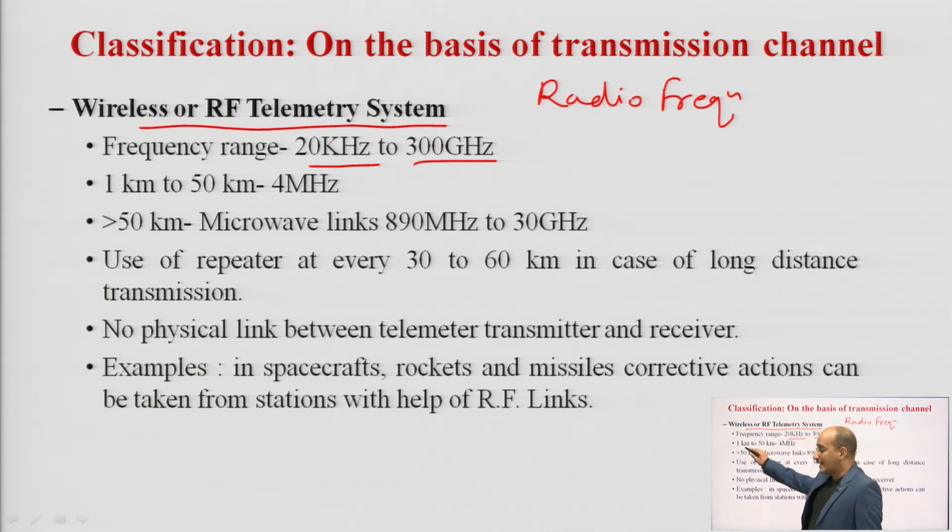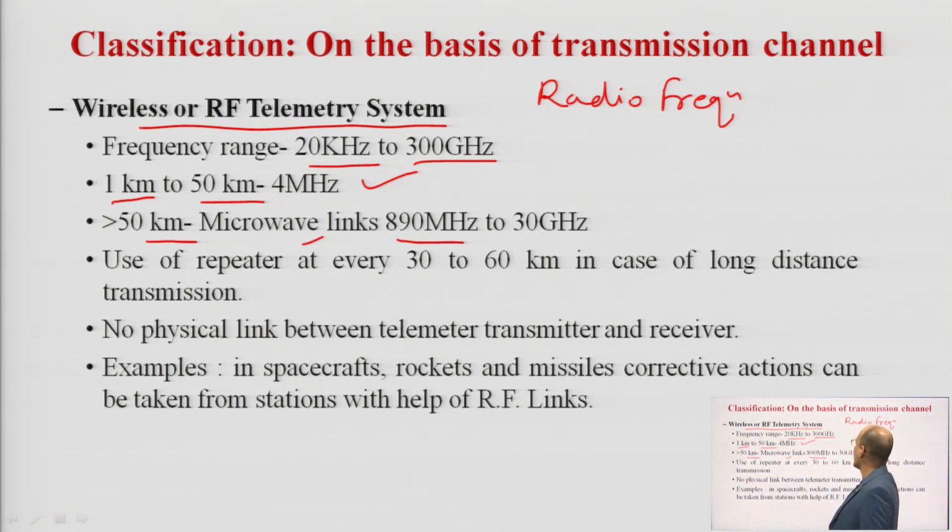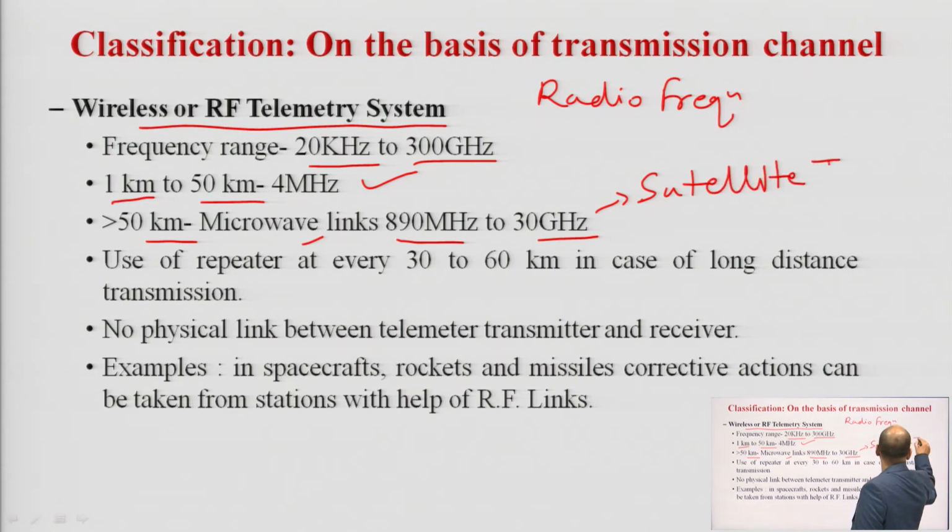Similarly, for the range of 1 kilometer to 50 kilometers, you use a frequency of 4 megahertz. If greater than 50 kilometers, you use a microwave link, between 890 megahertz to 30 gigahertz, that is related to the satellite telemetry system, and that is the 5th unit of your syllabus.